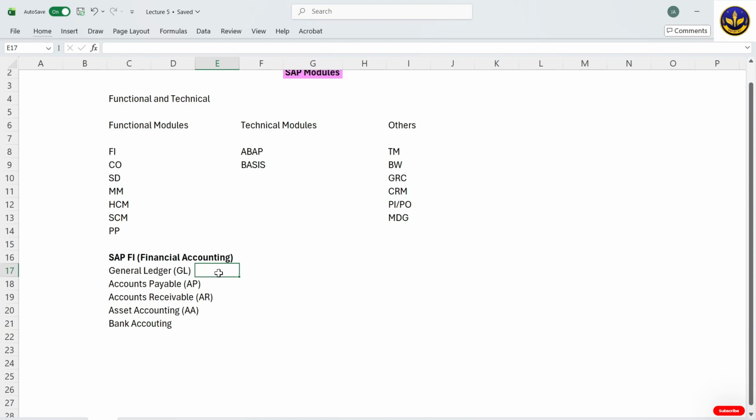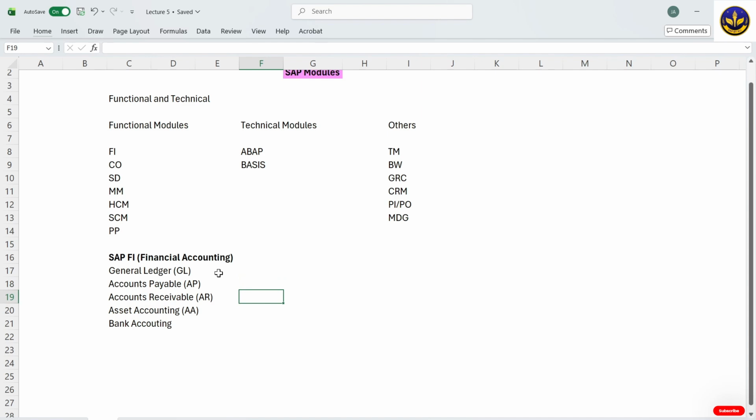And next comes the account payable. So account payable mainly deals with the vendors, their payment, the invoices, the goods received, and everything comes under the AP. And then we are having account receivable, which mainly deals with the receipts from the customers.